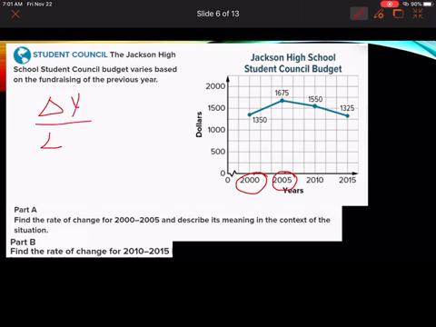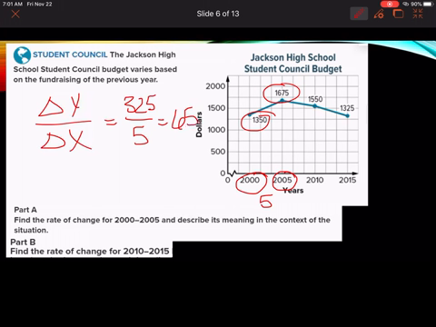Change in Y over change in X. So X, 2000 to 2005 is 5 years. And then I have to do the change between 1675 and 1350, which is 325. I just divide those. So 325 divided by 5 is 65. So that is part A.